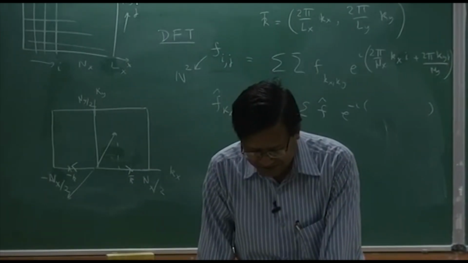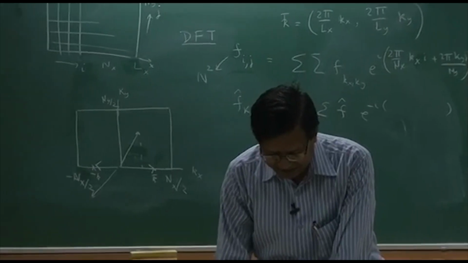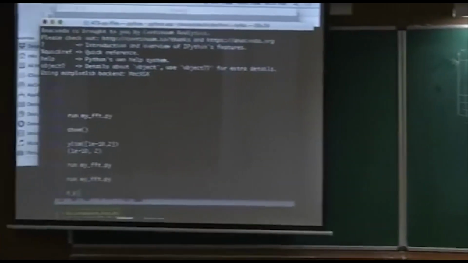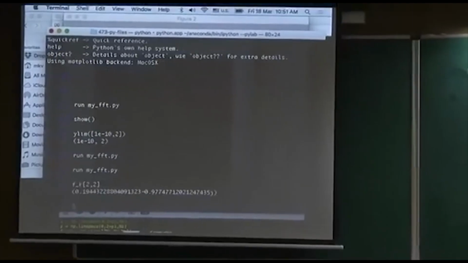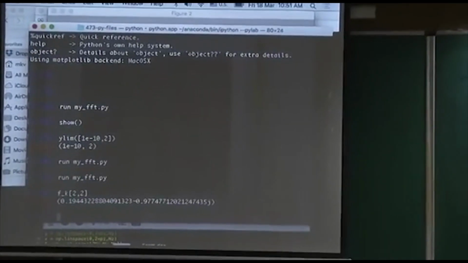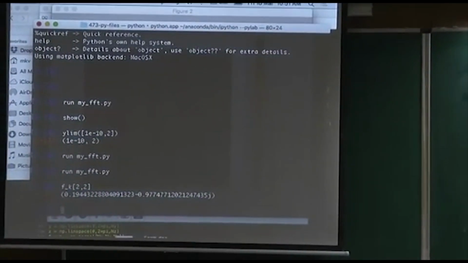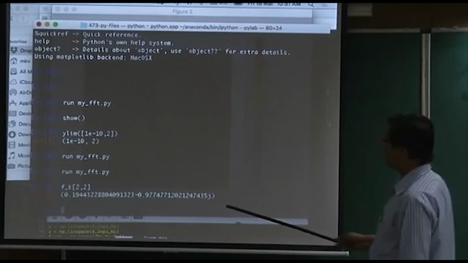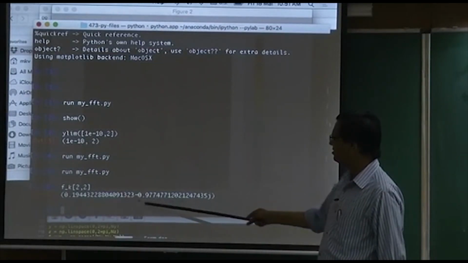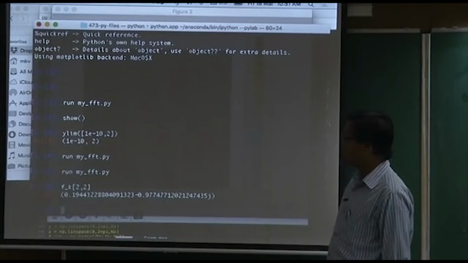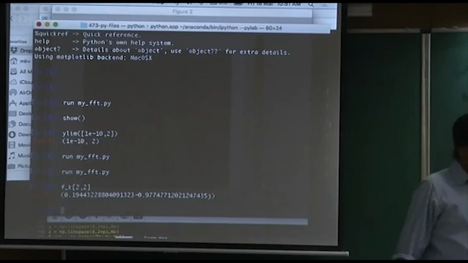That part please work out. I can tell you f_k at 2 comma 2 is one of the non-zero values, and its magnitude, this being a complex number, is this number. You can always print which are the numbers that are non-zero.